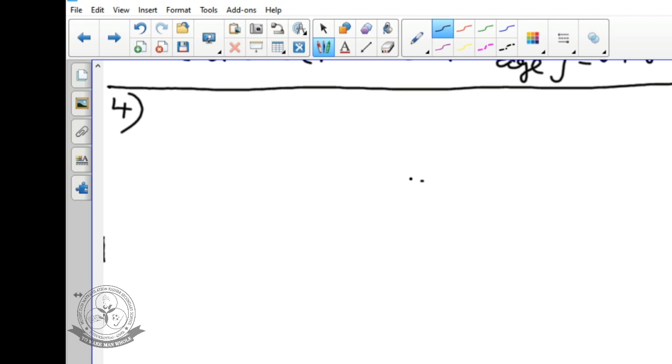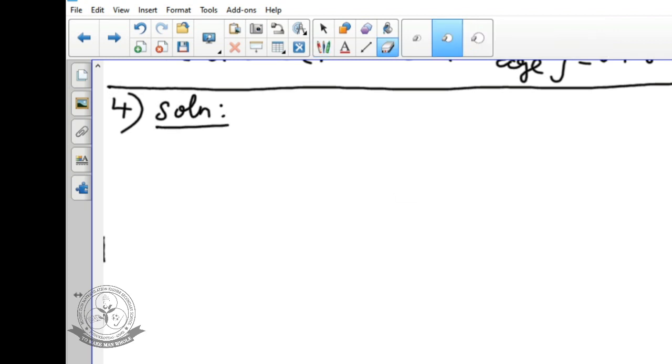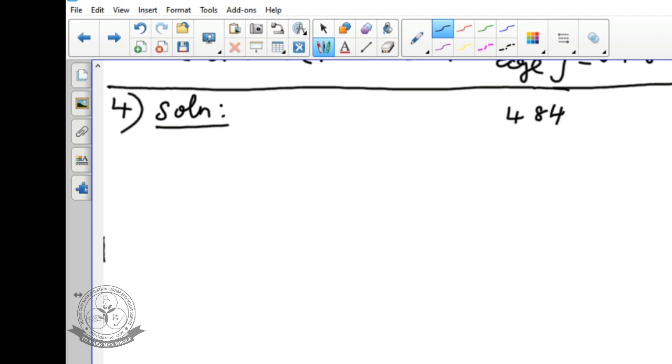For example, take a 3-digit number. One 3-digit number you have to select, 484. How do we split and write it? 400 plus 80 plus 4.